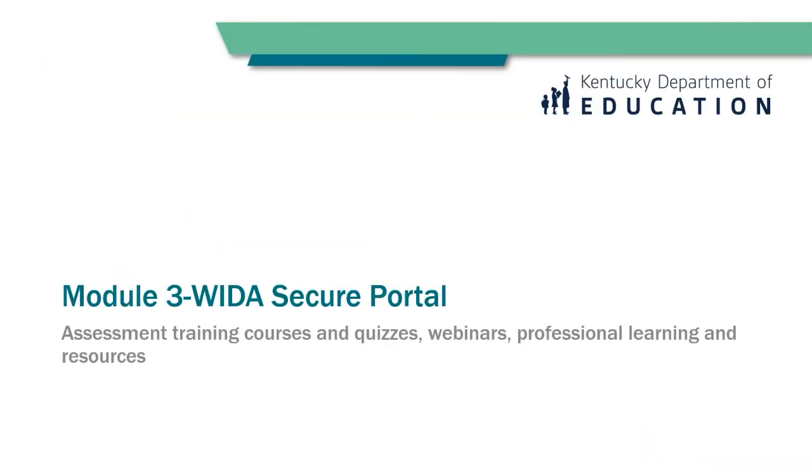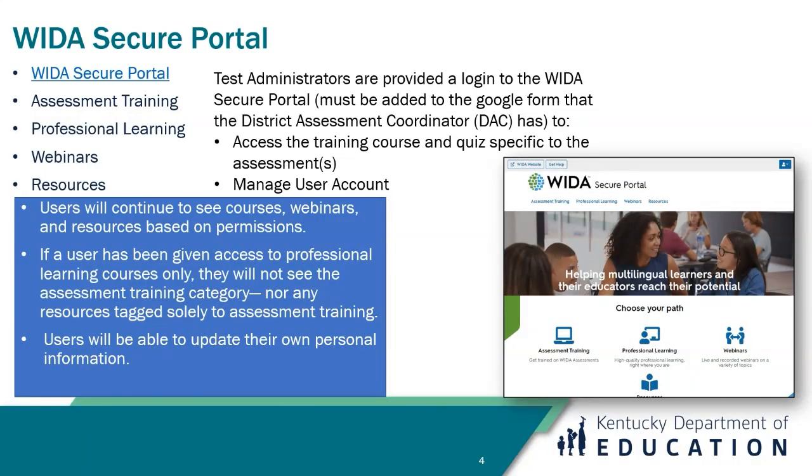So let's begin. With the WIDA Secure Portal, we're going to be talking about the assessment training course and quizzes, webinars, professional learning, and resources. I have it linked where you're going to log into the WIDA Secure Portal, and once you log in, you're going to be able to see how to choose your path.